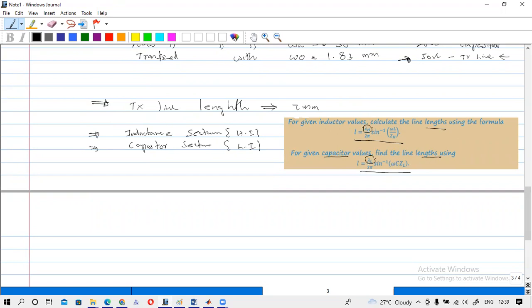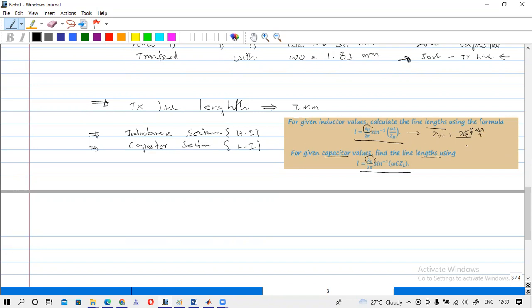I have explained that when the width is changing, epsilon effective will change. So lambda h is equal to lambda naught divided by the square root of epsilon effective. You can find lambda naught using v equals f lambda. You know v, the free space velocity, 3 into 10 to the power 8, and you know the frequency, 5.8 GHz.